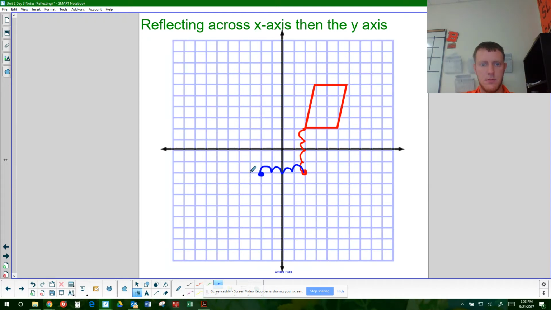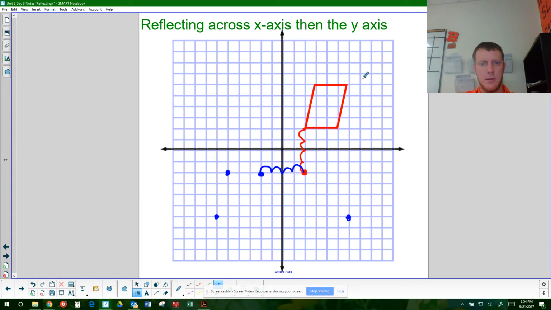So 5 to the left. And then 1, 2, 3, 4, 5, 6. So count down 6. Now I'm going to count 6 right. So 6 left. 1, 2, 3, 4, 5, 6.